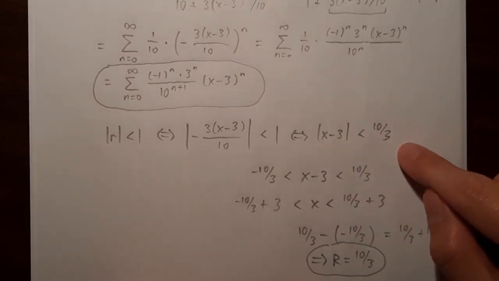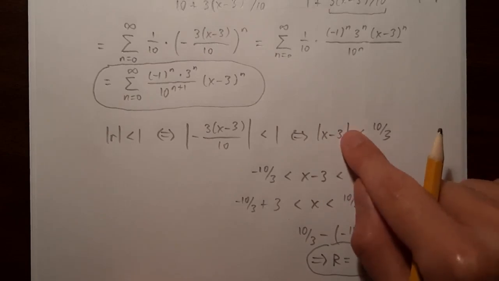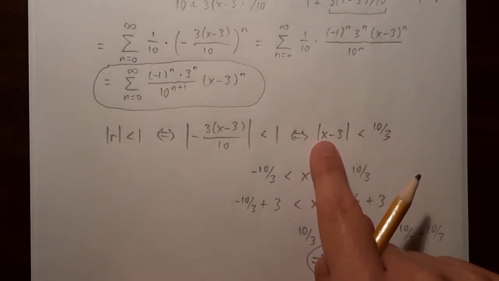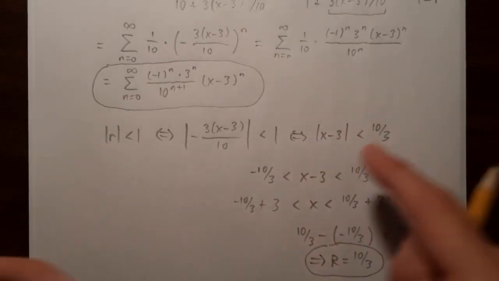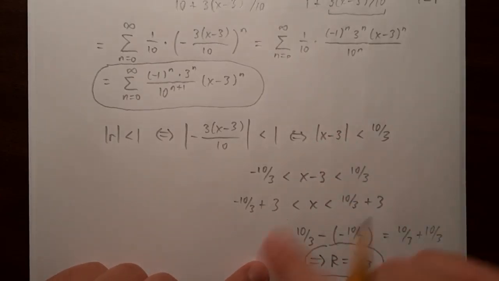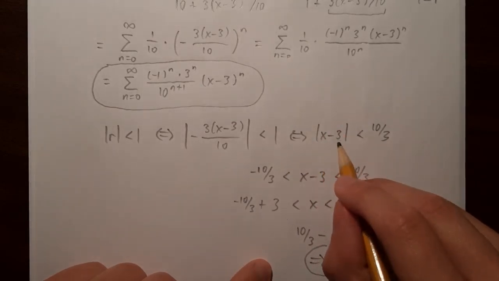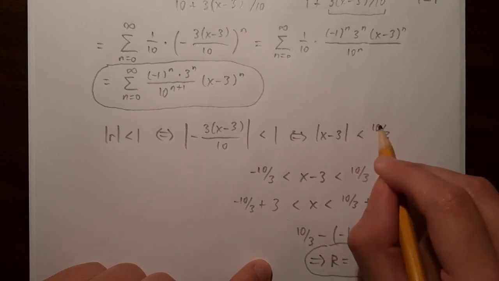The other way you can think about it too, if you didn't like this method, the other way you can interpret what this is saying is absolute value of x minus 3. Think about what the meaning of absolute value of something minus something means. It means the distance between x and the number 3 is less than 10 over 3.